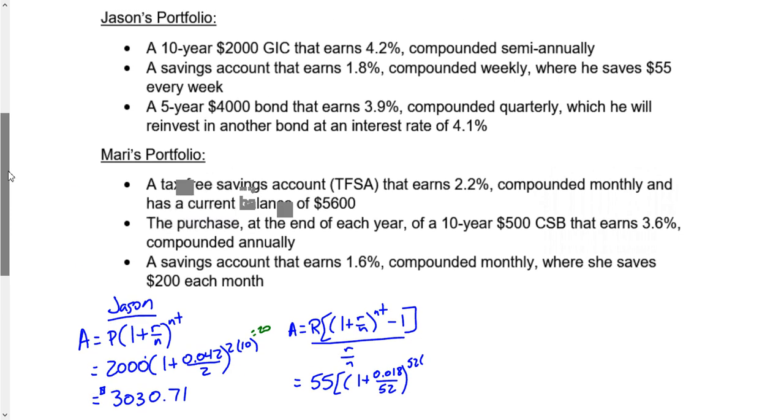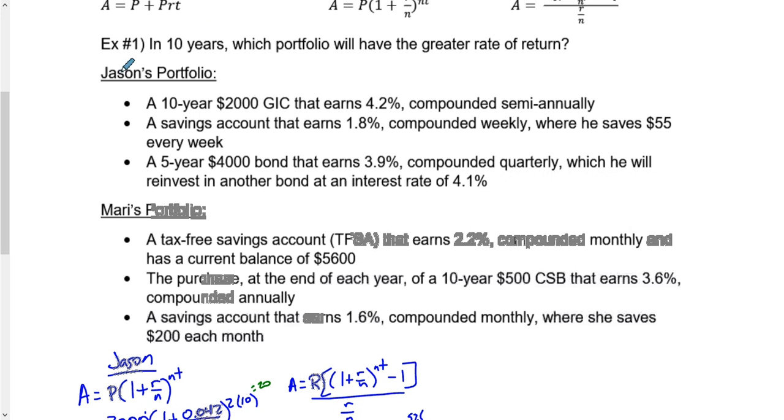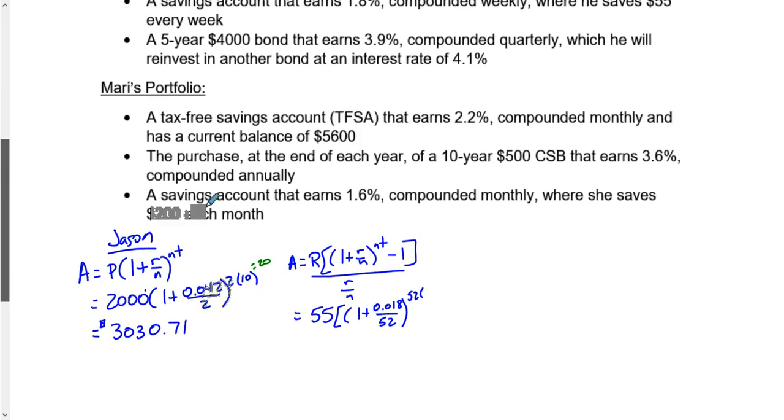Now we ask ourselves the time. We're asking for 10 years, so we can assume that he's putting $55 away every single week for the 10 years. Sorry, just 520.